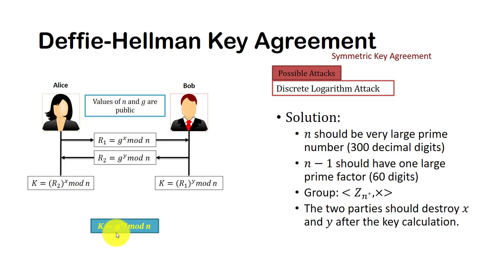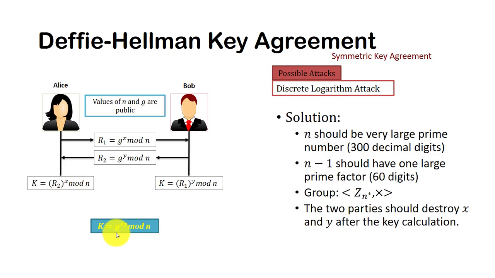And these two parties also need to have large values of x and y, and these values of x and y should be immediately destroyed as soon as the key has been created. Right? If you are following these steps, if you are taking such large values, then performing a discrete logarithmic attack is a difficult task and you won't be able to achieve it in polynomial time.